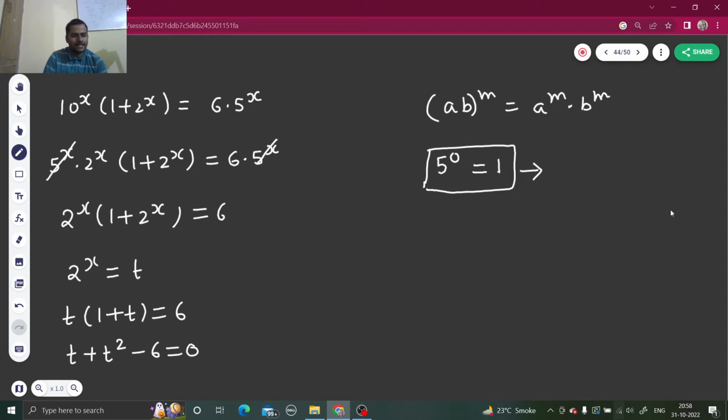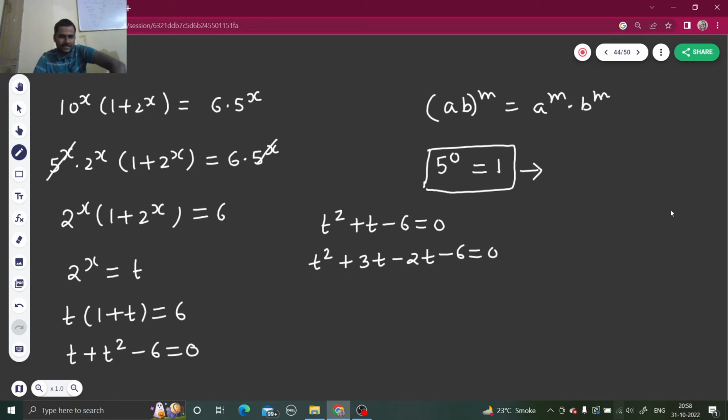Or I can write this as t square plus 3t minus 2t minus 6, because 3 into minus 2 is minus 6, and their sum is 1.